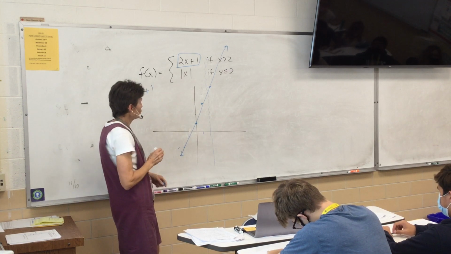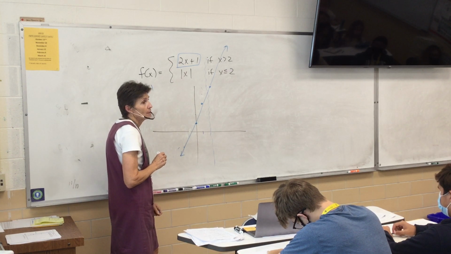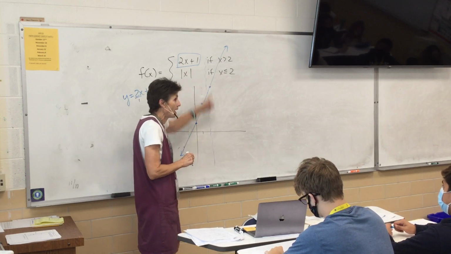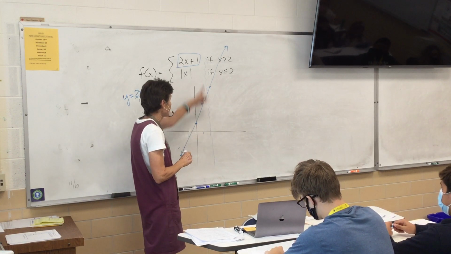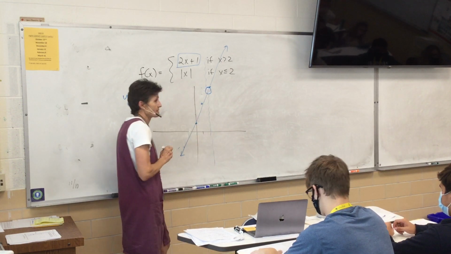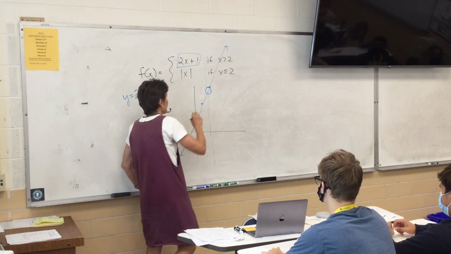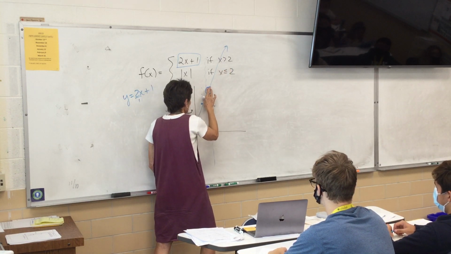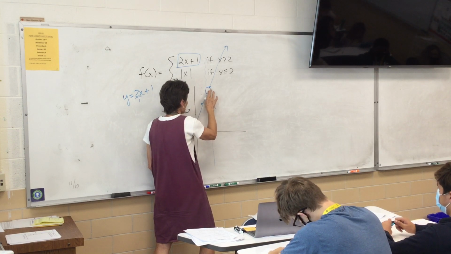And then what do I look for? Where it intersects my squiggly line, asymptote thing, whatever. Right there is where it intersects. Will that dot be open or closed? Open, so I'm going to make sure it's nice and open.